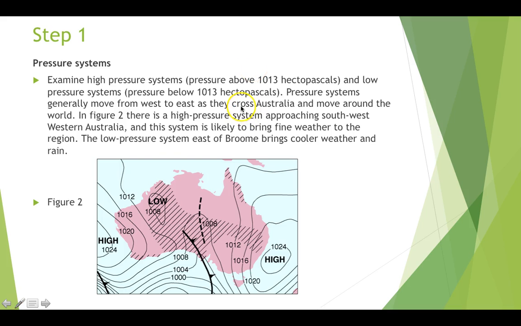Sorry guys, this is Broome here. This is the low pressure we're talking about. So we can see that's 1008 hectopascals. The high pressure coming over this southwestern region of Western Australia is at 1024. So high pressure systems generally bring finer weather. Low pressure systems generally bring air that is rising and creates rain.